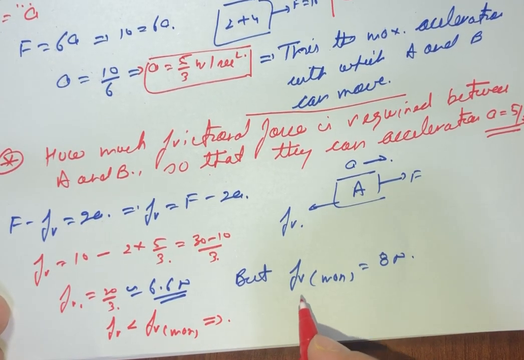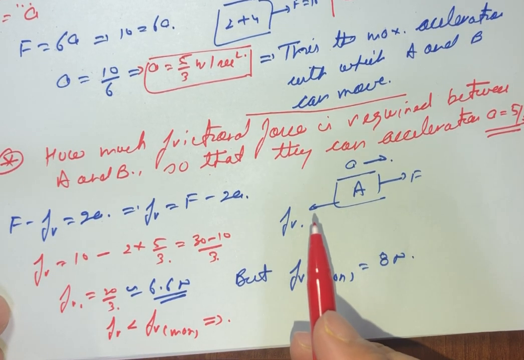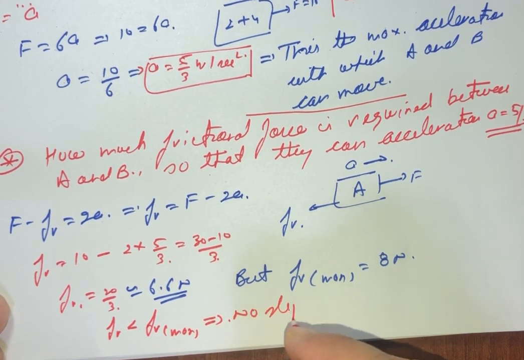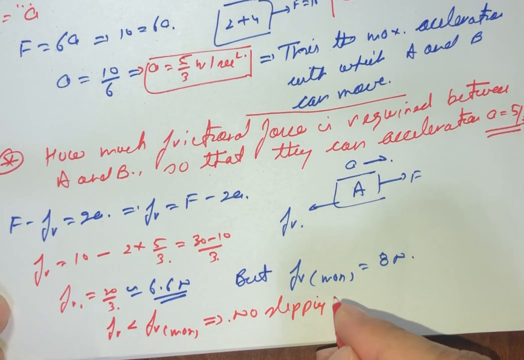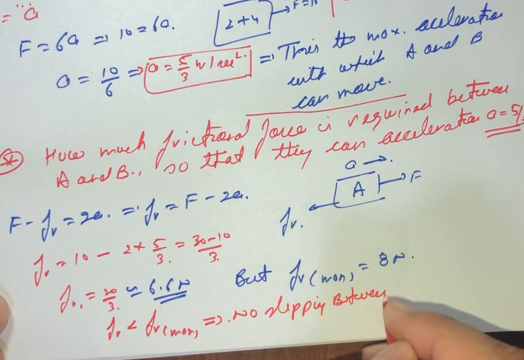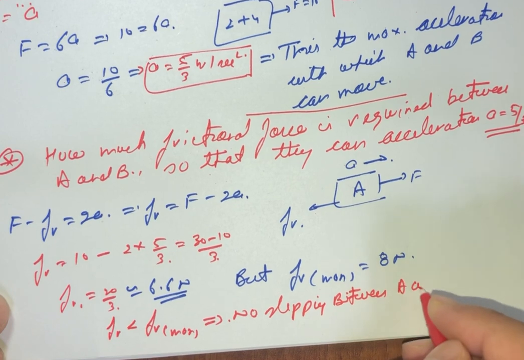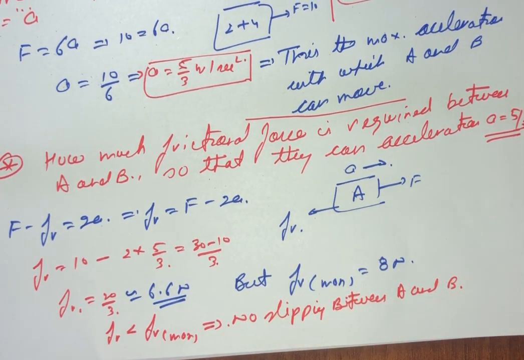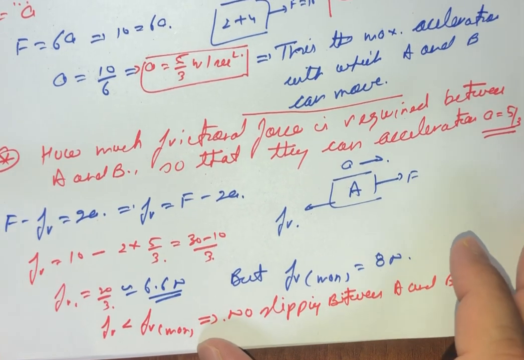So there will be no slipping between A and B. If there is no slipping between A and B, both will be moving with the same acceleration.